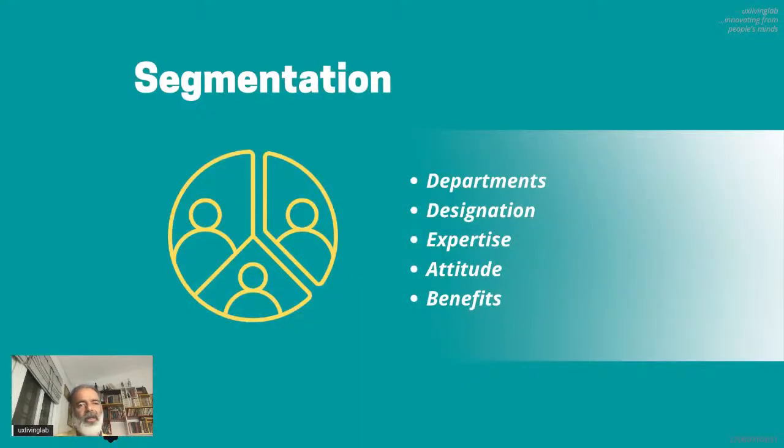Then, after getting all this information from the internal teams, what the team lead or the analysis people have to do is group it by where the information is coming from. That may be different departments of your organization, designation wise, and expertise wise, like illiterate, highly literate, or professional.